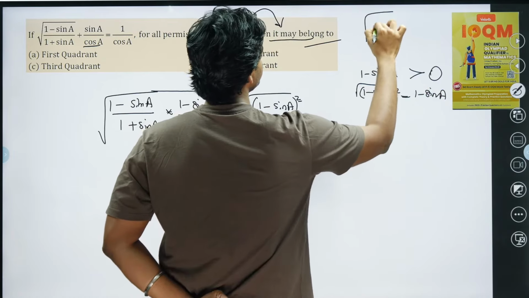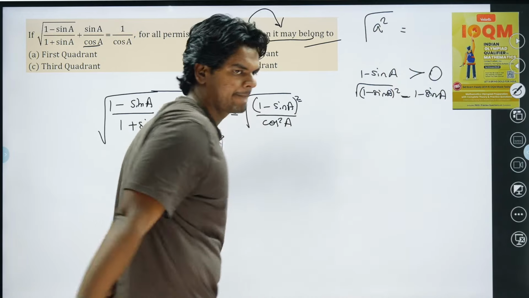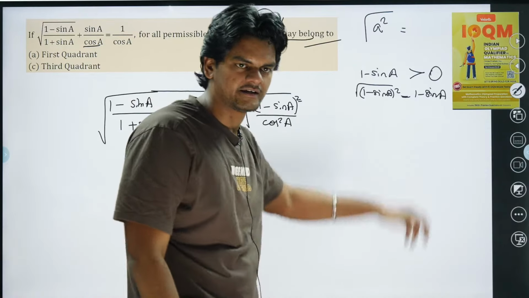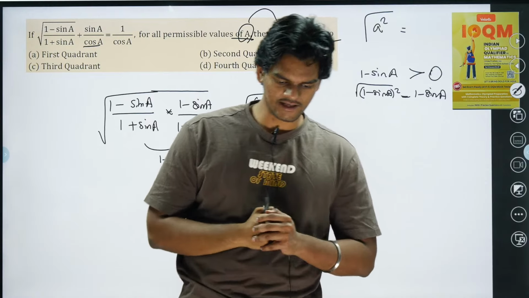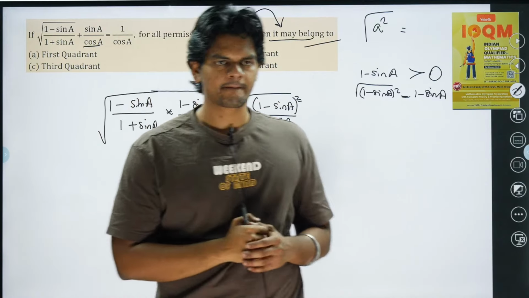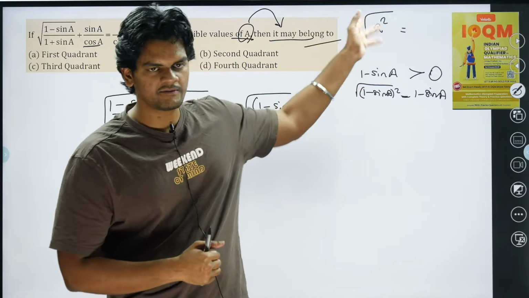What is the square root of A square? What is the square root of some number squared? Tell me. What is the square root of some number squared?